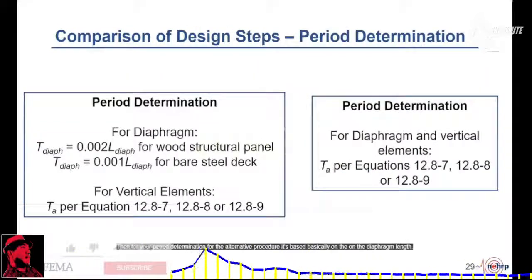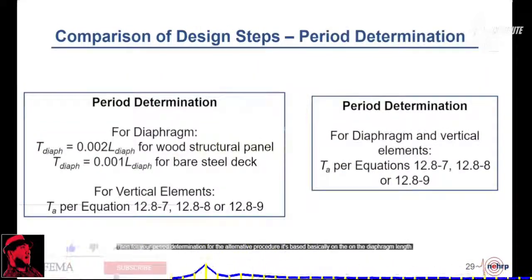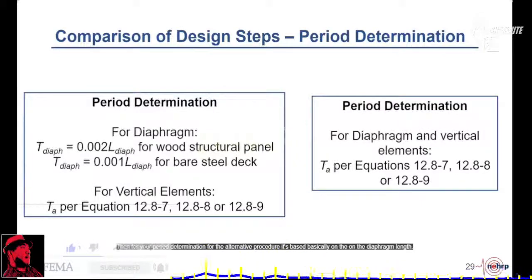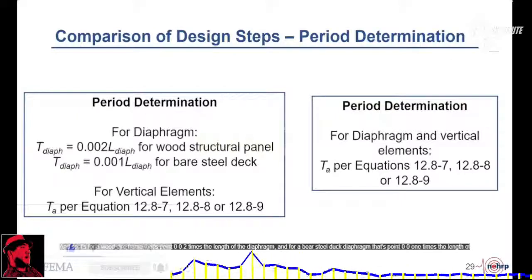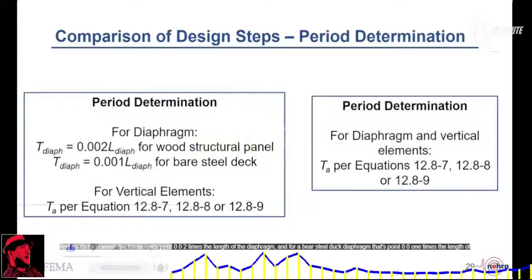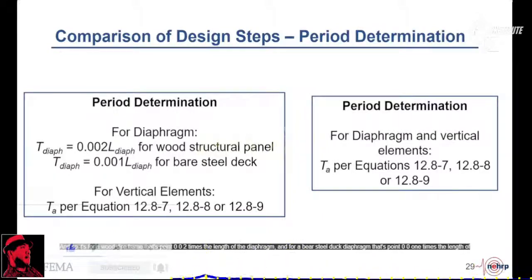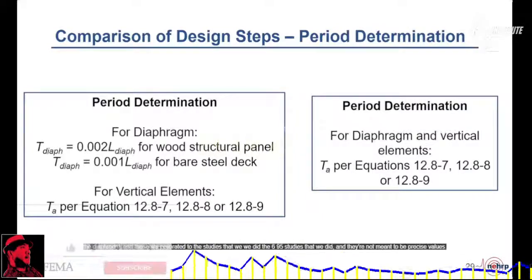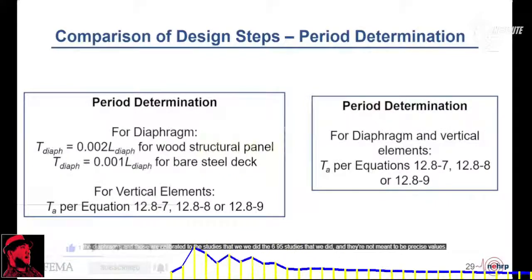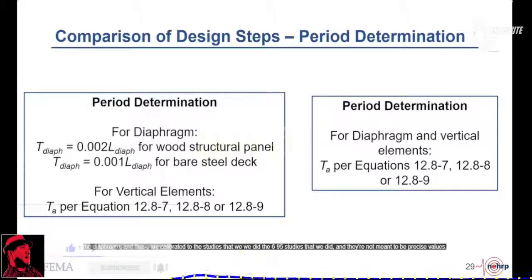Then for your period determination for the alternative procedure, it's based basically on the diaphragm length. For a wood diaphragm, that's 0.002 times the length of the diaphragm, and for a bare steel deck diaphragm, that's 0.001 times the length of the diaphragm. Those are calibrated to the P-695 studies that we did.